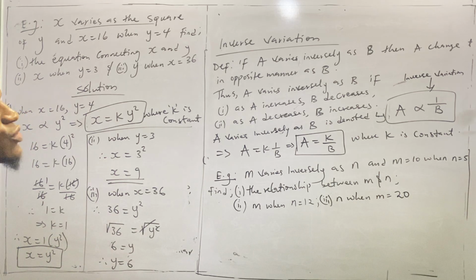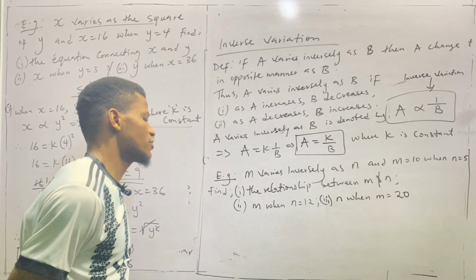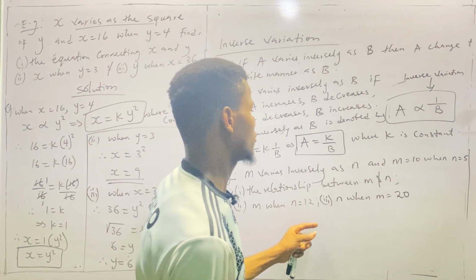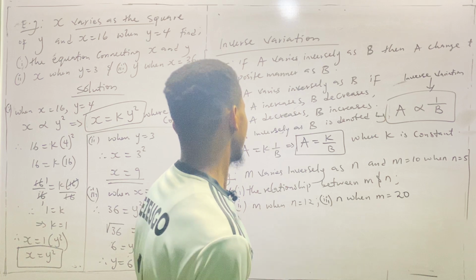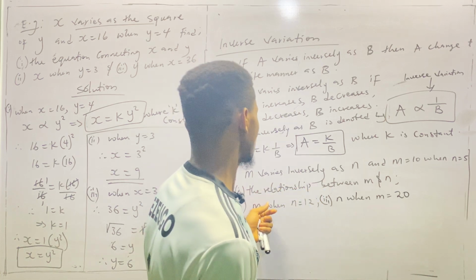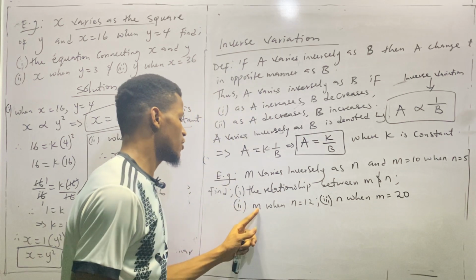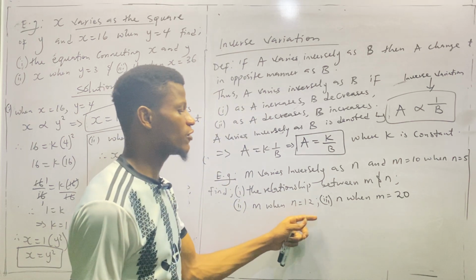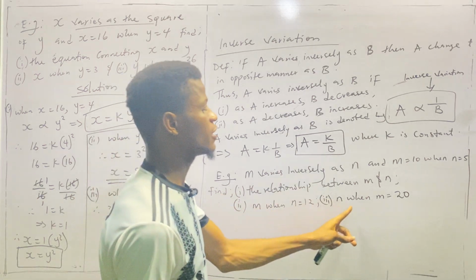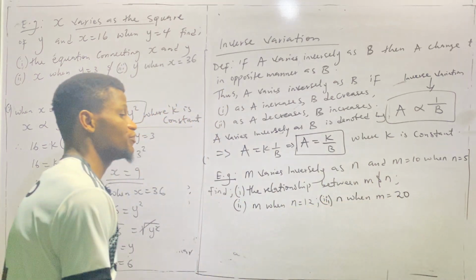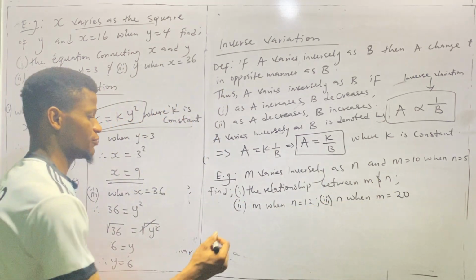Find the relationship between m and n. Find m when n is 12, and find n when m is 20. Okay, so let's begin.